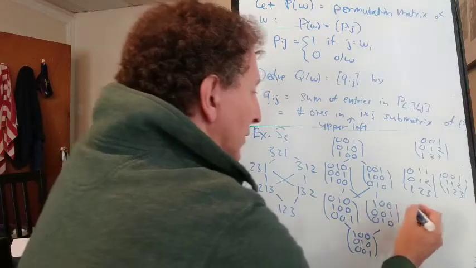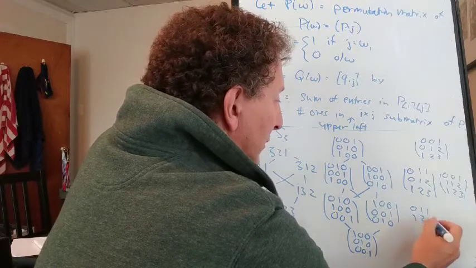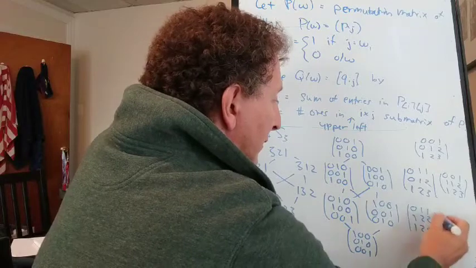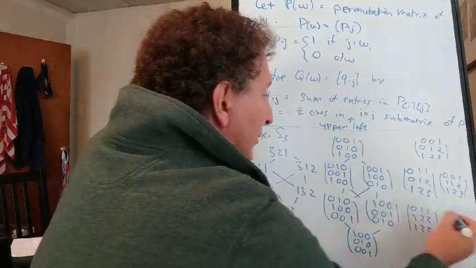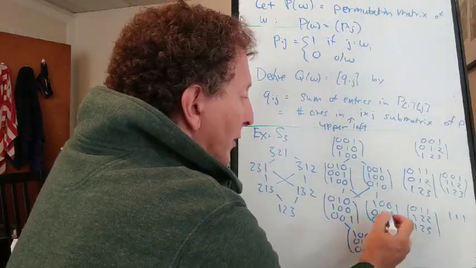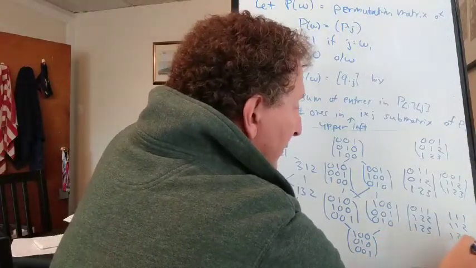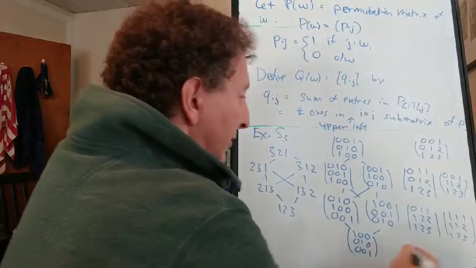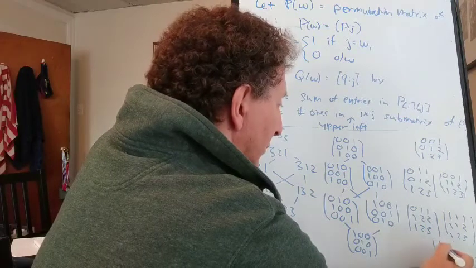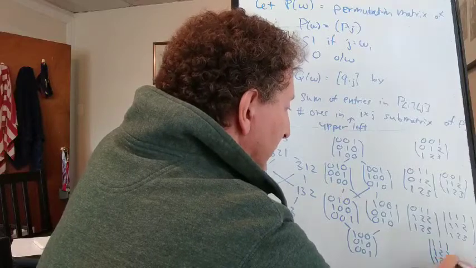Here, 0, 1, 1, 1, 2, 2, 1, 2, 3. 1, 0, 1, 1, 1, 1, 2, and 1, 2, 3. And finally, 1, 1, 1, 1, 2, 2, 1, 2, 3.